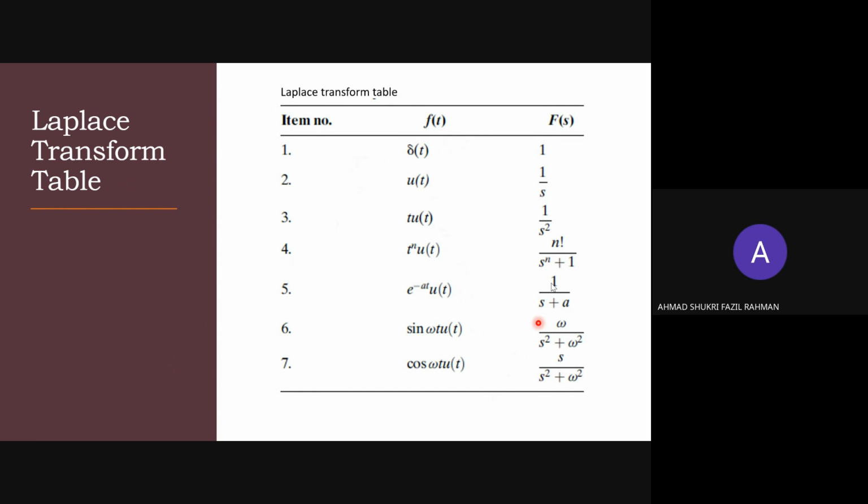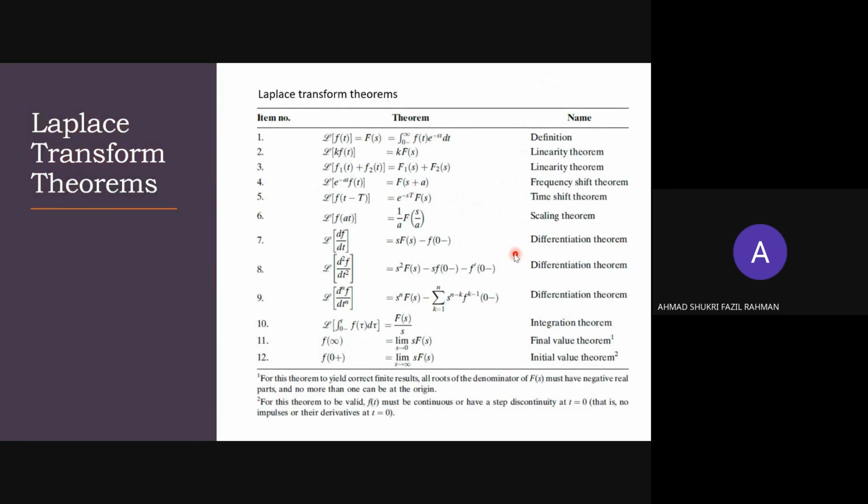So these are the transform table for the most common signals. We have step, ramp, and so on, up to the sinusoidal, cos and sine. In the time domain, from the impulse up to the Laplace transform value of each signal.